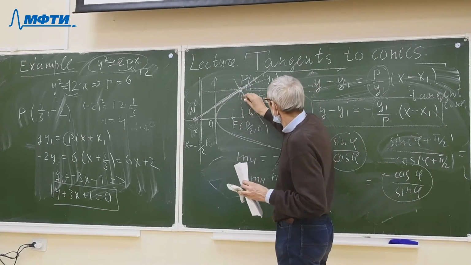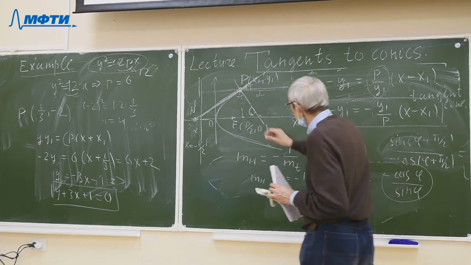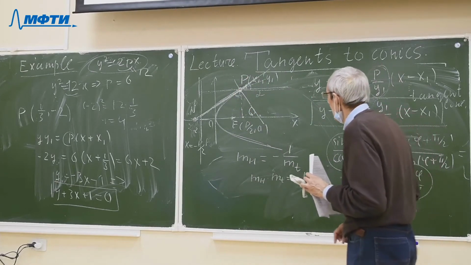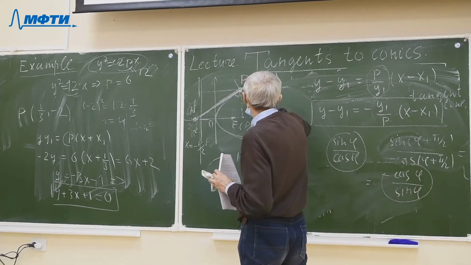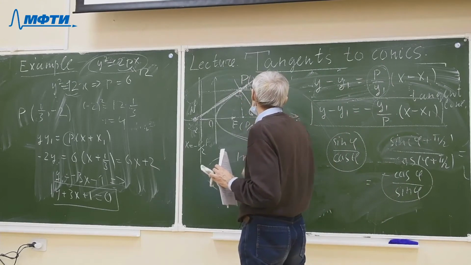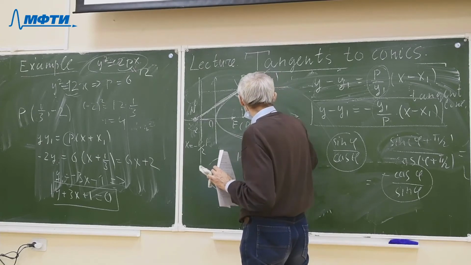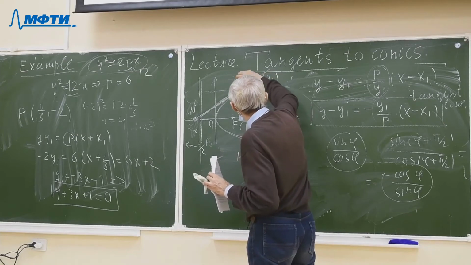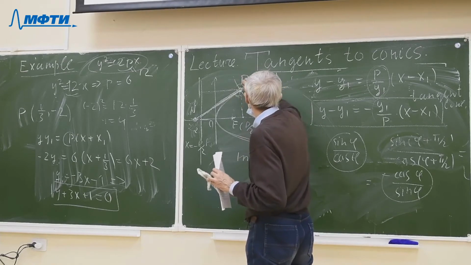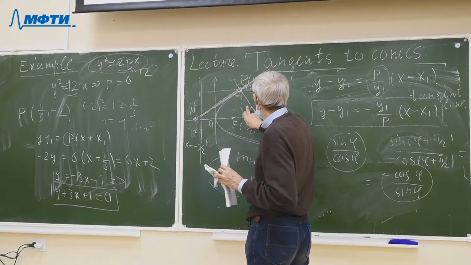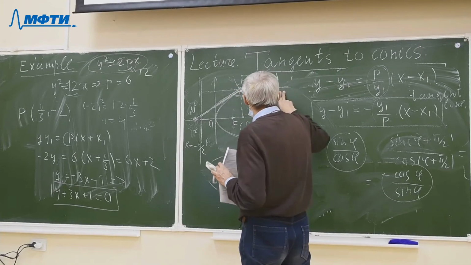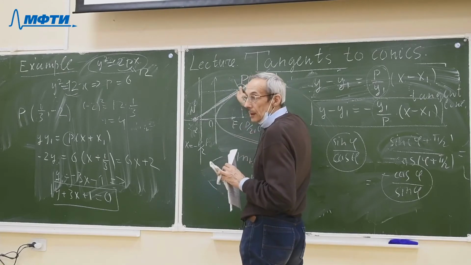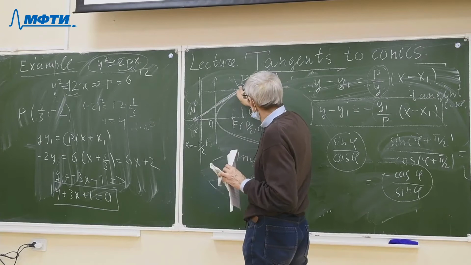We obtain the so-called normal straight line. Easy to see that the angle between the normal straight line and the axis OX is equal to alpha plus pi divided by 2.